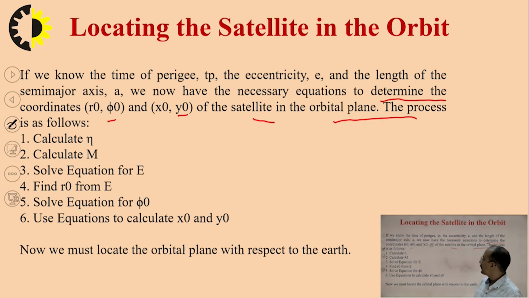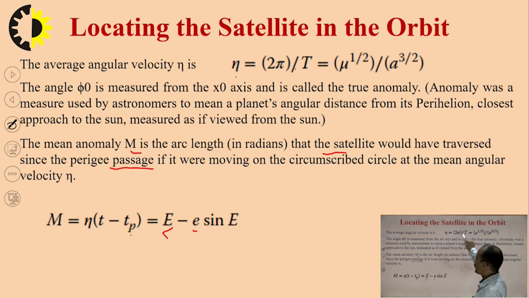Now what we will do is, we can calculate all these formulas because we have these parameters. First of all, calculate eta, that is the angular velocity, then calculate M, the mean anomaly, then solve the equation for E. How are we going to calculate eta? By this equation.